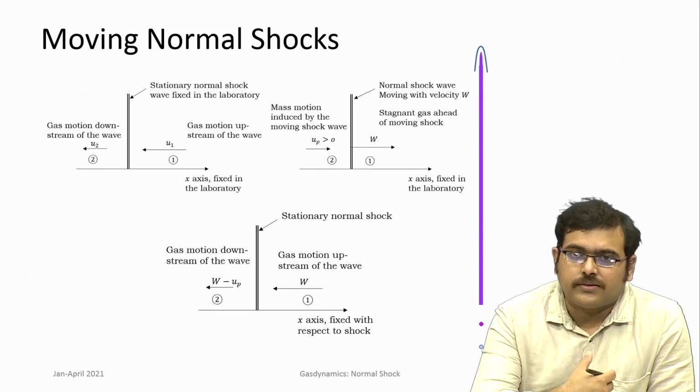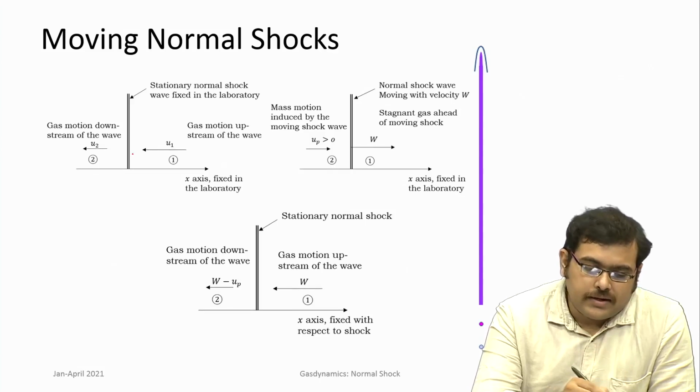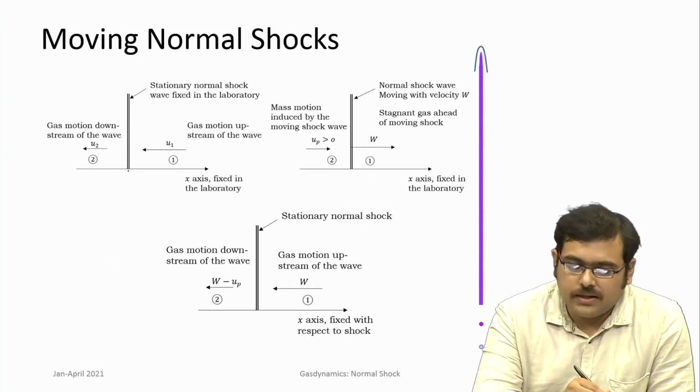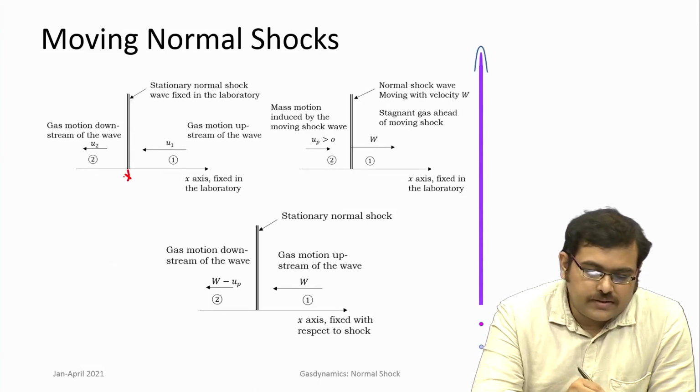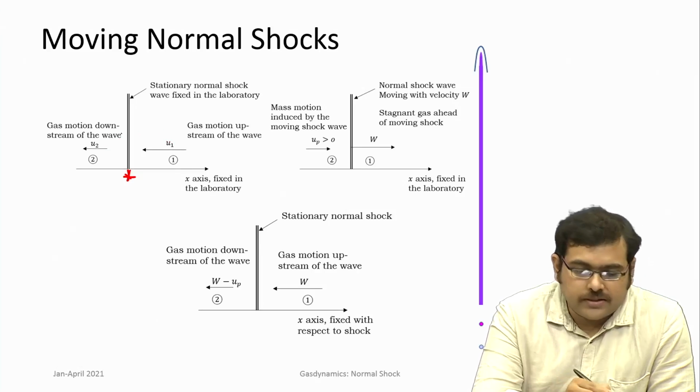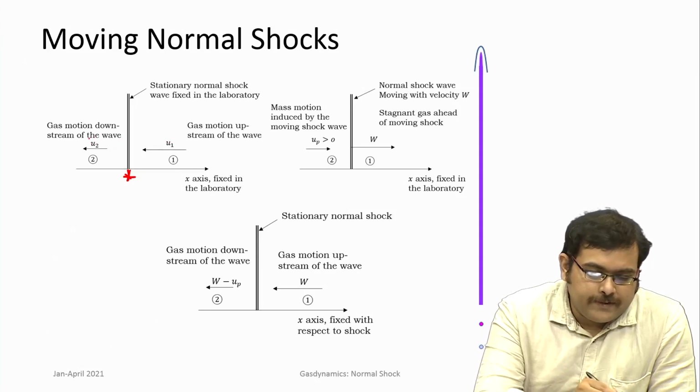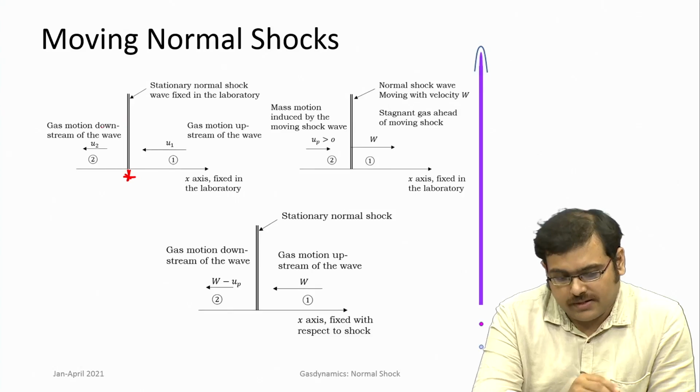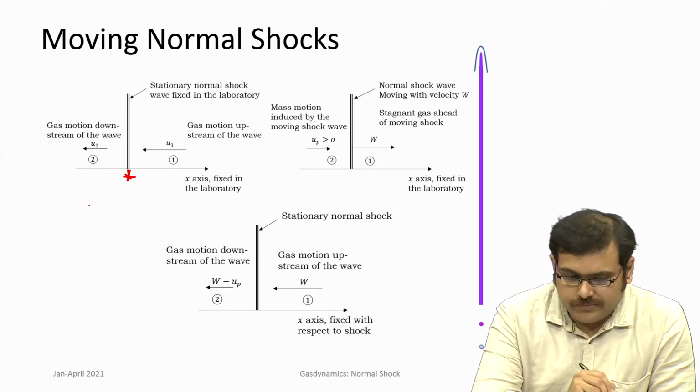The supersonic flow is happening, and the shock wave stands at a particular location. It is fixed, and the flow gets processed by the shock wave, and you get lower velocities, higher pressure, temperature and densities across the shock.